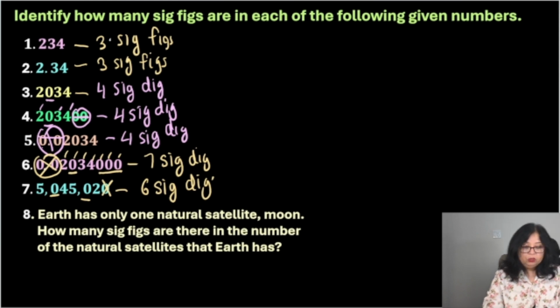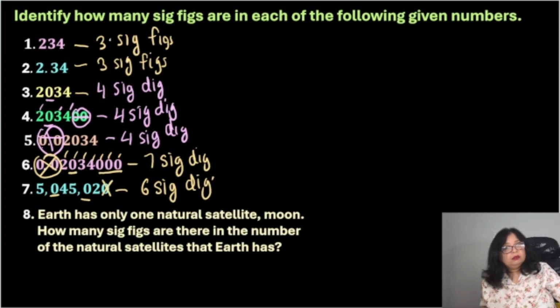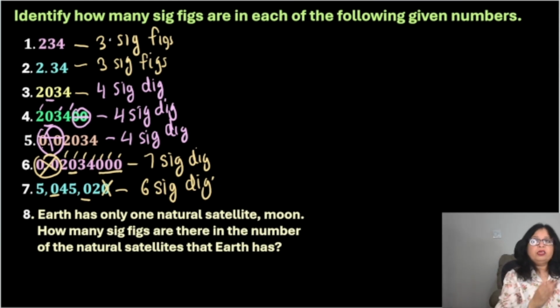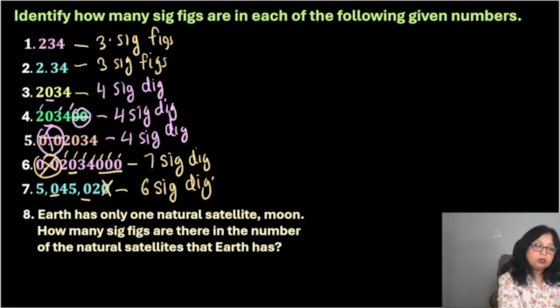Cool. So that was your lecture on significant digits. How do you identify how many significant figures or significant digits are there in a given number? And we also looked at the difference between precision and accuracy. In the next lecture, we're going to discuss when you perform mathematical calculations on some data, some measurements, how do the rules of significant figures propagate into those calculations.